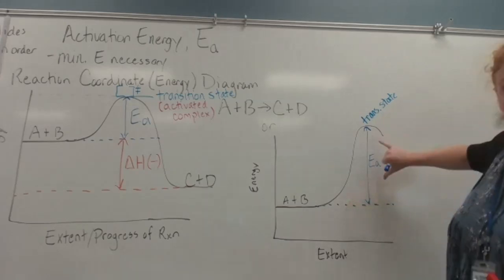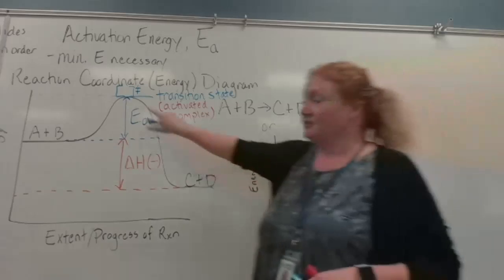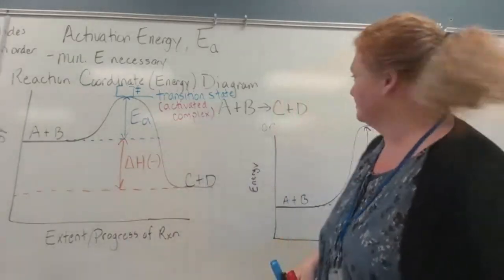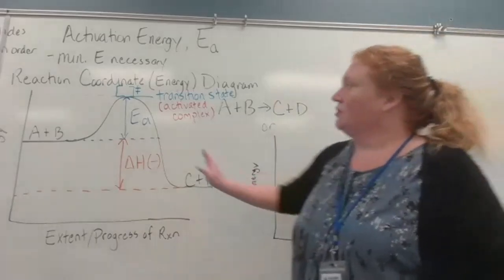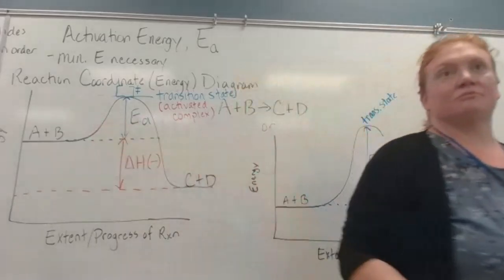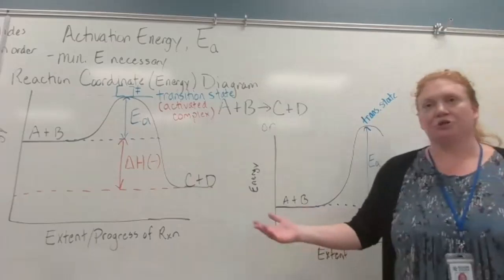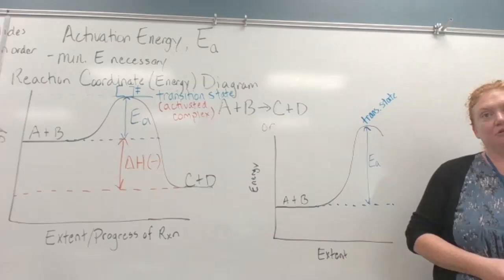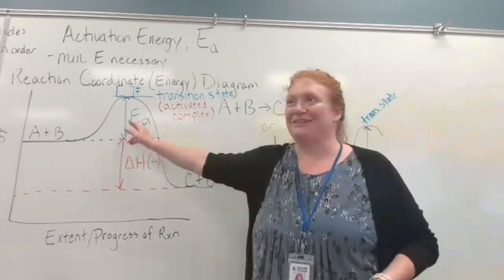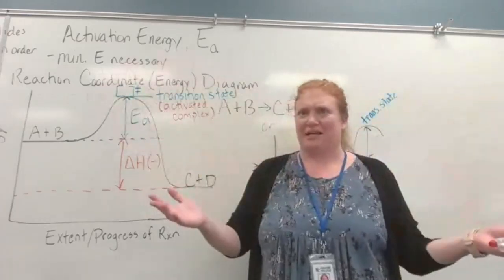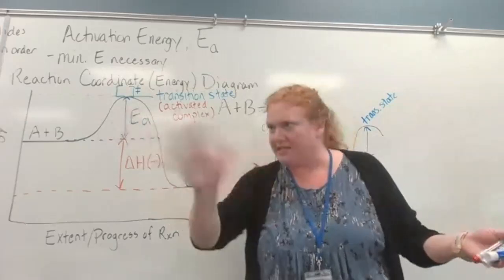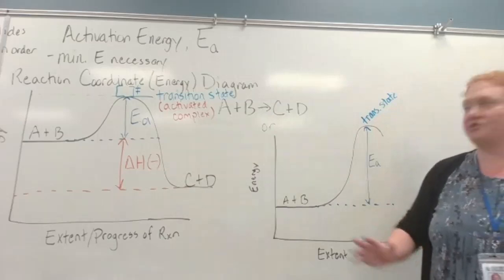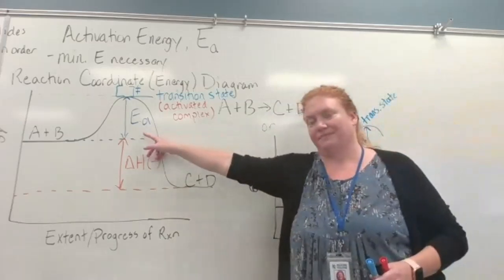This reaction has a much bigger activation energy than this reaction, doesn't it? Which reaction, under similar conditions, is going to go faster? The smaller hill, assuming everything else is the same, right? Temperature is the same between the two. Concentration is the same. If I'm just looking at activation energy, obviously this one goes faster.